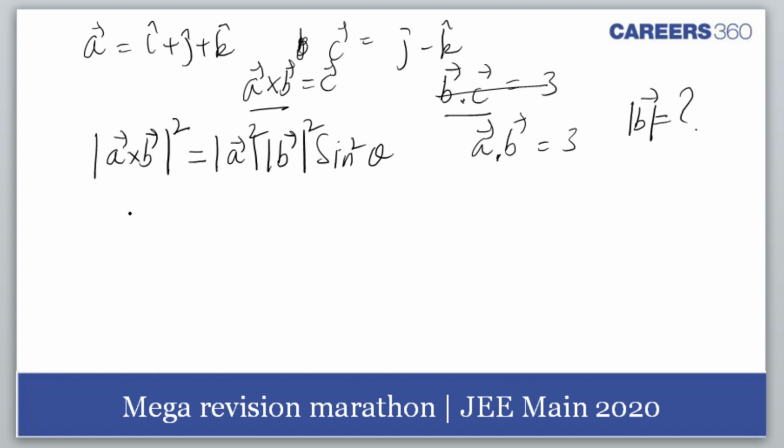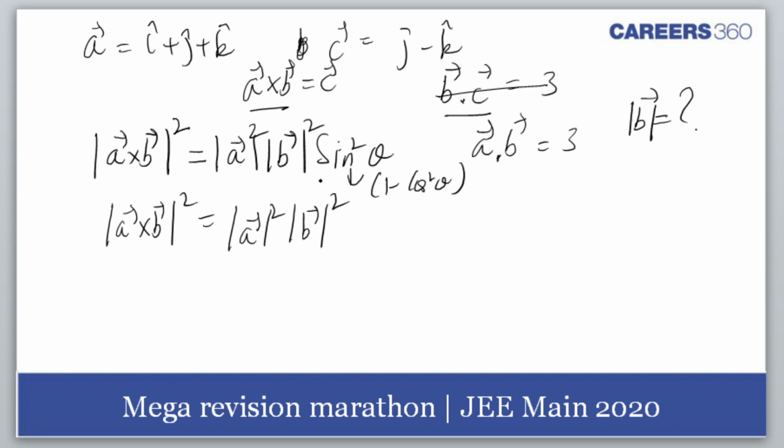Now this is Lagrange's identity. Now I can write sine square theta as 1 minus cos square theta. Is it okay, students? So what I can write? Mod A square mod B square into 1 minus cos square theta, that is mod A square mod B square minus mod A square mod B square cos square theta. Is it okay?